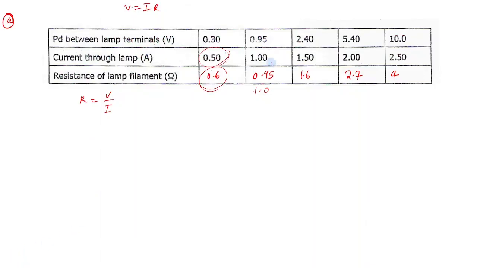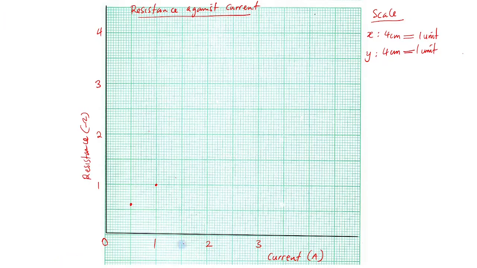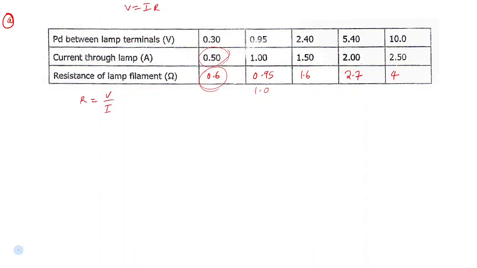Then I'm plotting 1.5, 1.6. So 1.5 will be here, and 1.6 will be somewhere there. Then I'm also going to plot 2, 2.7.